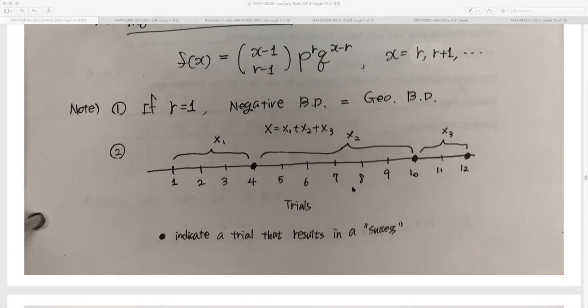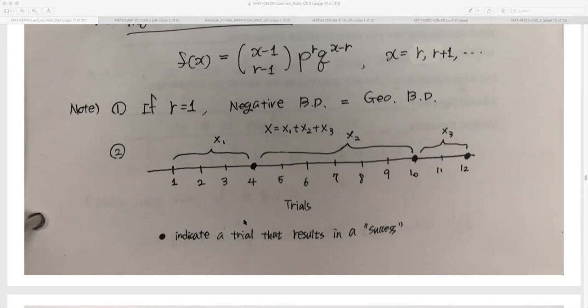So maybe, for example, we get the first success in the fourth trial, and then the second success in the 10th trial. We get the third success in the 12th trial, right? Now here we break up those trials into three groups: 1 through 4, then 5 through 10, and then 11, 12.